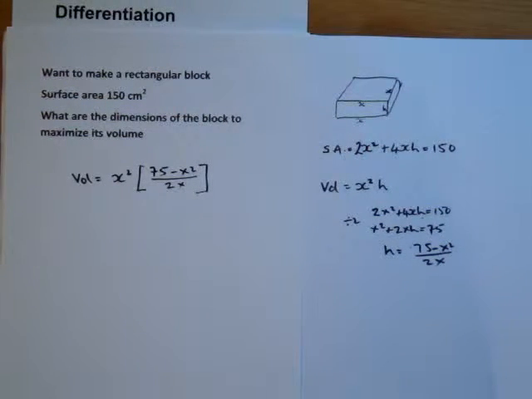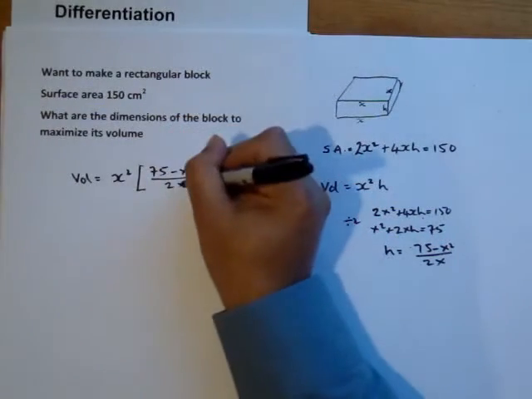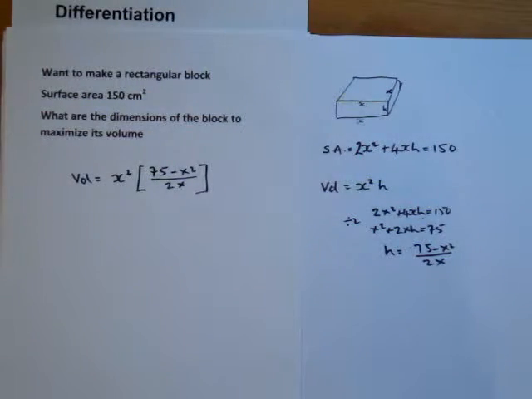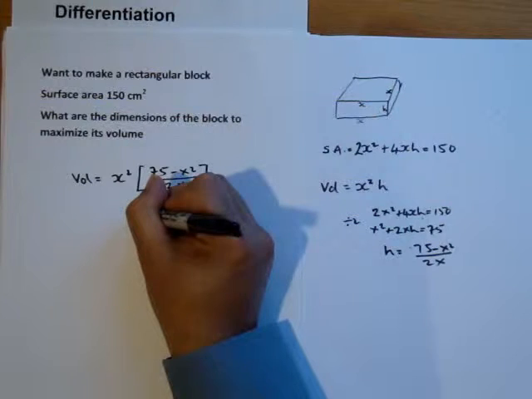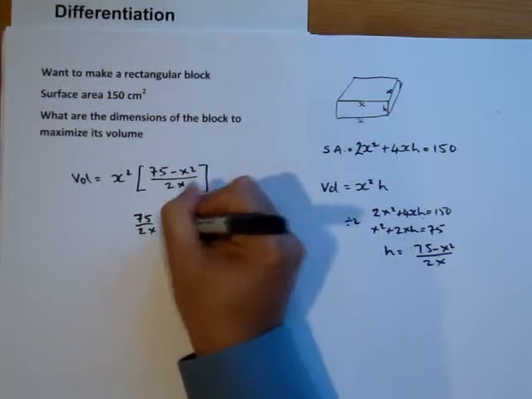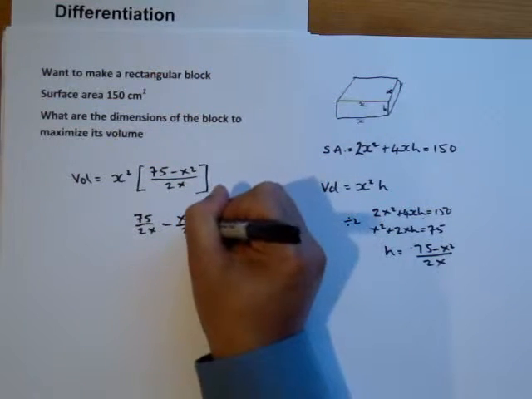Now, how can we simplify this? Well, if we think of this as a complex fraction, we can divide that into 2, we can divide this into 75 over 2x minus x squared over 2x.